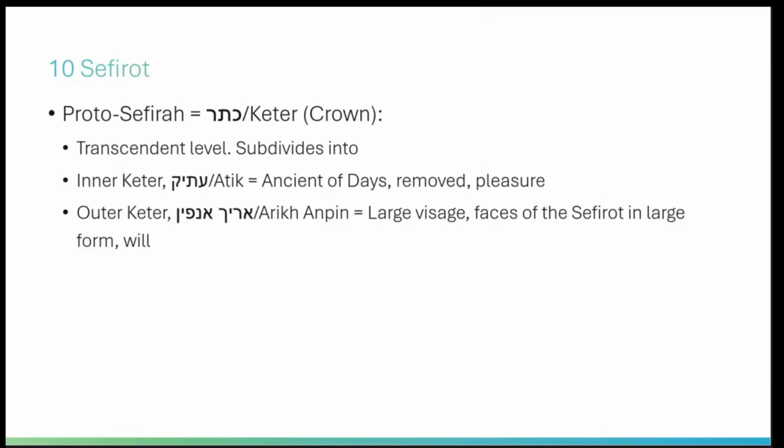And then there's a second level of Keter, which is Chitzoniyut HaKeter, the outer dimension of Keter, which is called Arich Anpin, which literally means the large or the long visage, the face. It's similar to the term that we use for God, Erech Apayim, which means slow to anger.